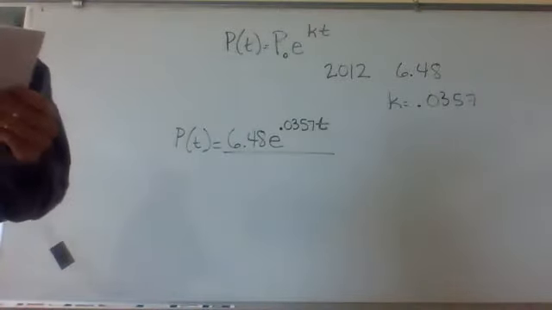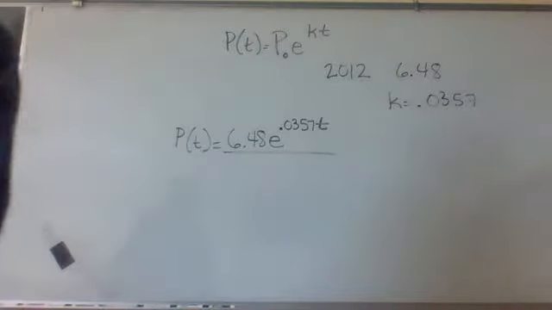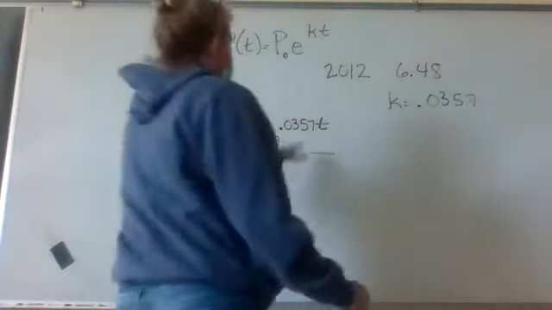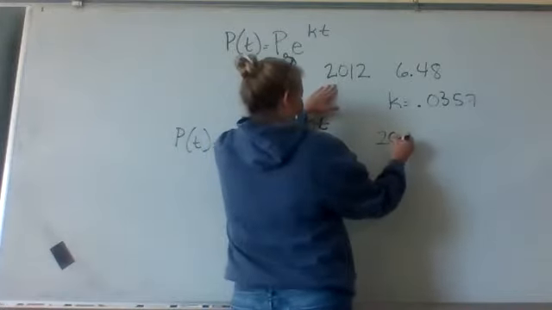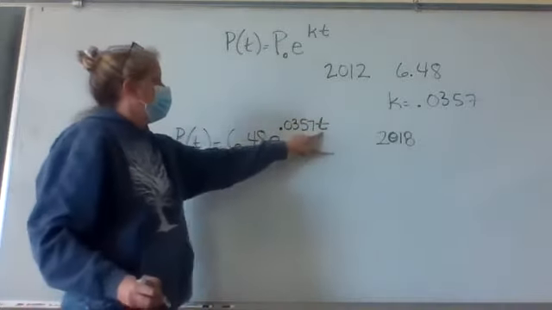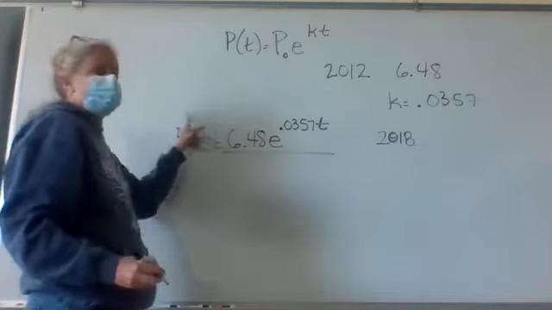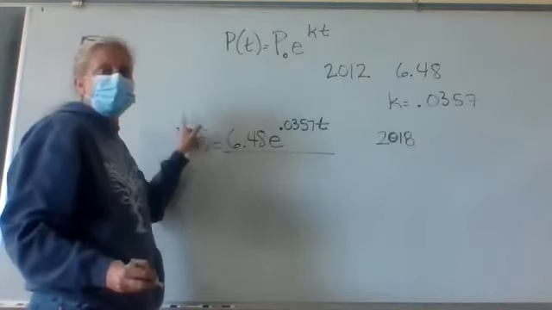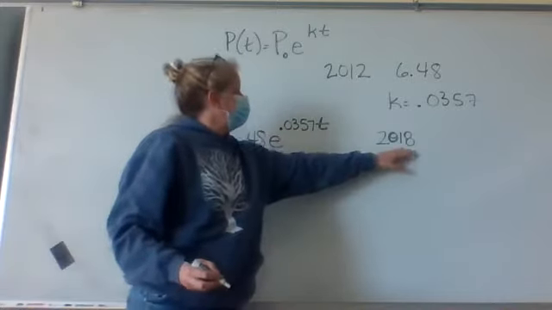The second part, the B, asks for the population of the city in 2018. What does T stand for? I'm trying to find the ending amount, the population in 2018.